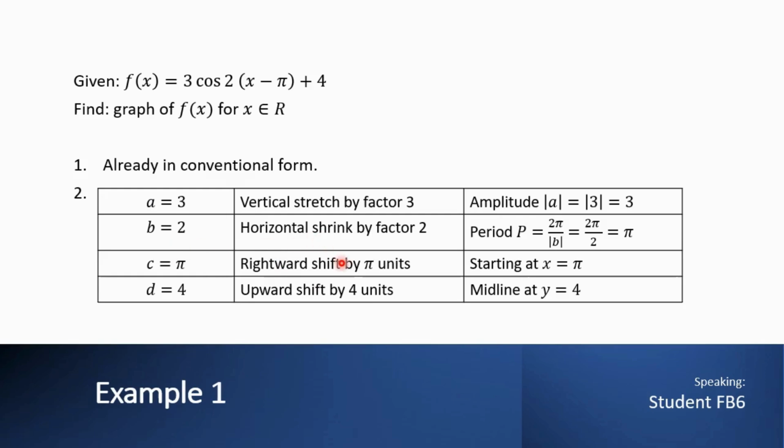C equals pi means that there is a rightward shift by pi units, and we will start plotting the points at x equals pi. And D equals 4 means that there is an upward shift by 4 units and the midline is at y equals 4.